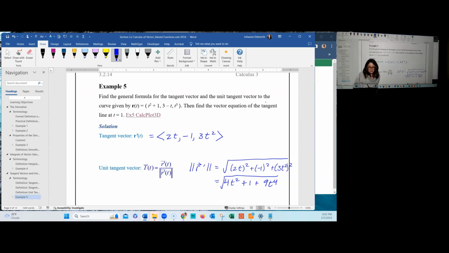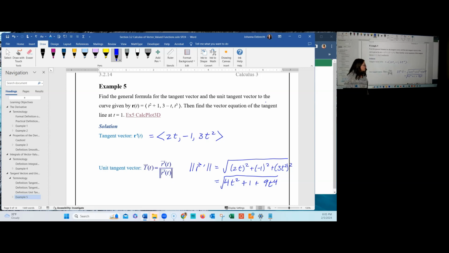Now, there's really no way to simplify that. You can't add terms, they're not alike. You can't factor anything out because you've got that constant there. So there's really not anything that you can do with that. You're pretty much stuck with 9t to the 4th plus 4t squared plus 1 if you want to put it in descending order.